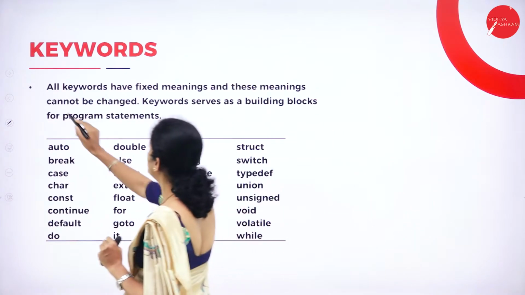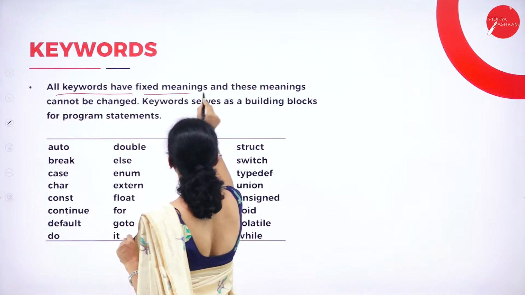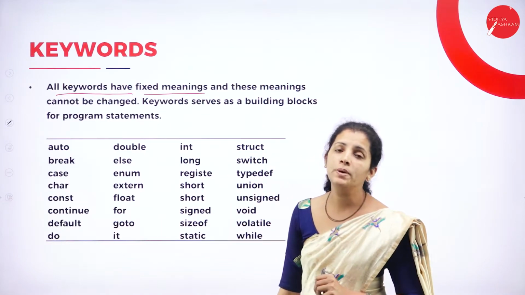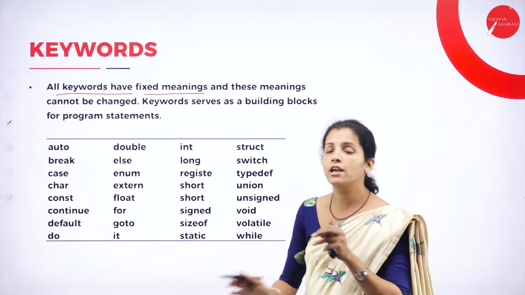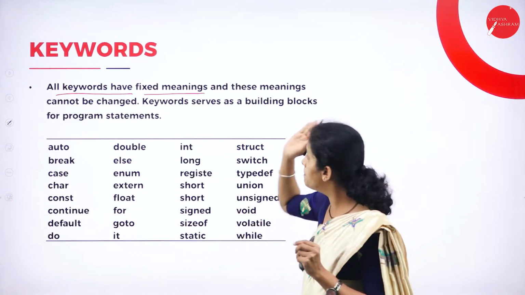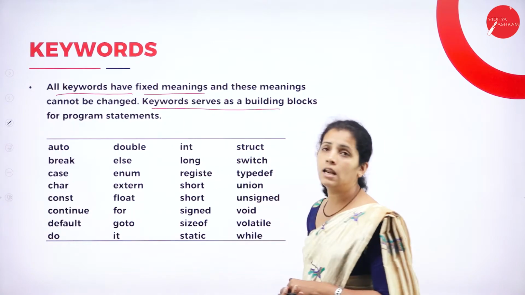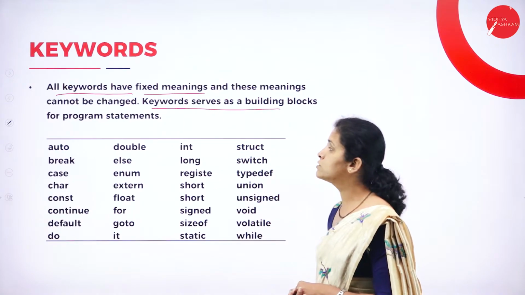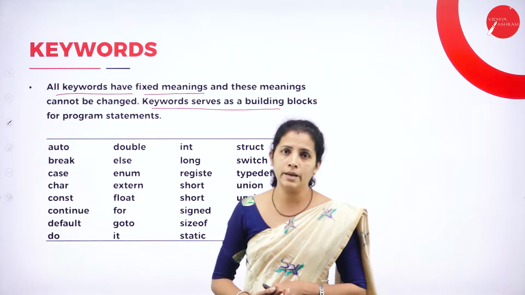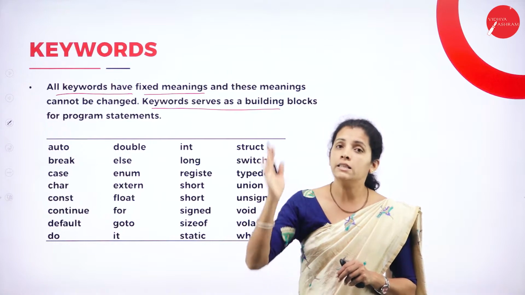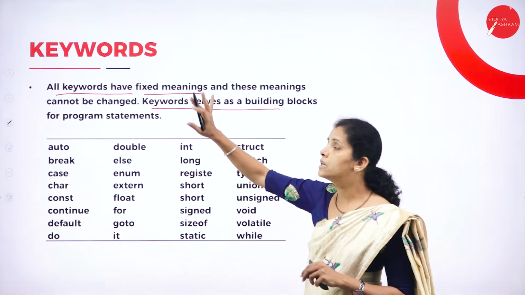All the keywords have fixed meaning and these meanings cannot be changed. That means I cannot change the meaning. Here keywords work like building blocks for program statements. If I want to write any programming statement, then I must require keywords.